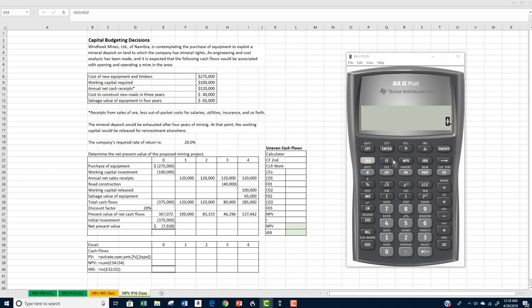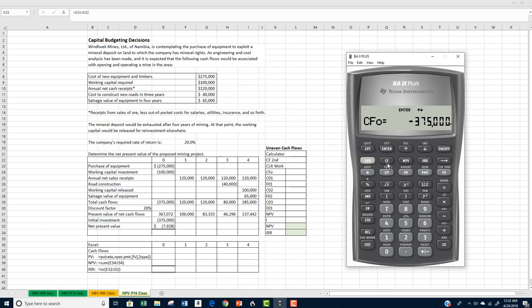You'll also notice that there's a button for NPV and a button for IRR. The CF, the NPV, and the IRR button will all be used to calculate the NPV and the IRR for uneven cash flows. To start the problem, click on the CF button.